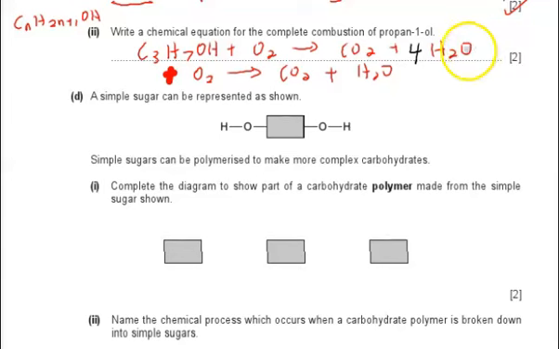And then the oxygen: carbon is 3. The carbon here is 3. Oxygen is 6 here. Here oxygen is 4. So it's 10 over here.